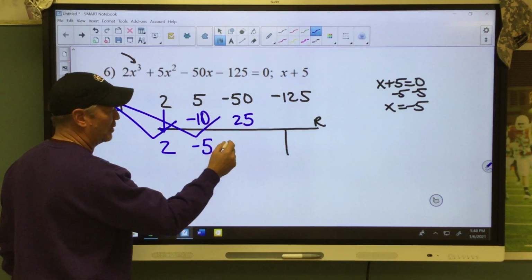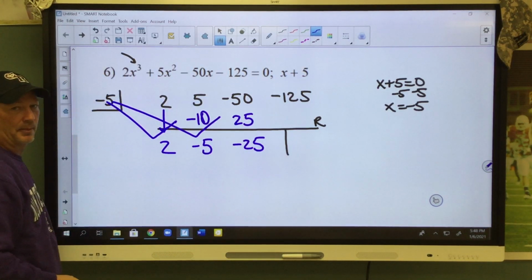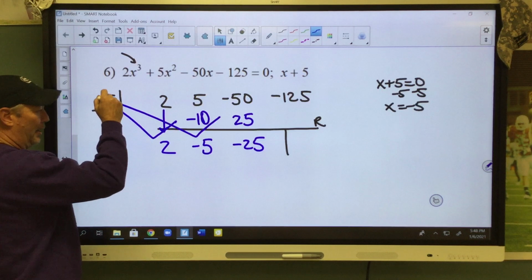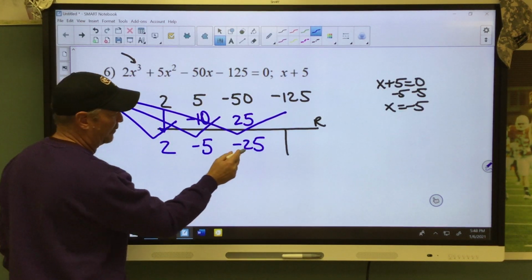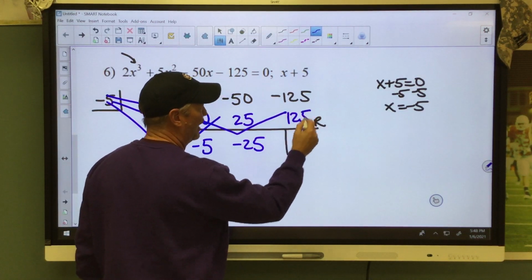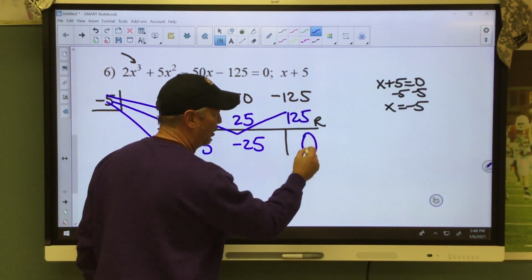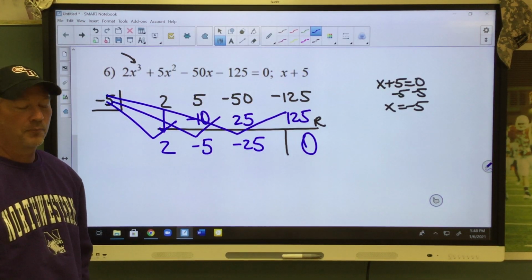When you subtract, you're going to end up with a negative 25. Multiply. Negative 5 times negative 25 is a positive 125. This gives us a 0 as a remainder. Yay, that's a good sign.